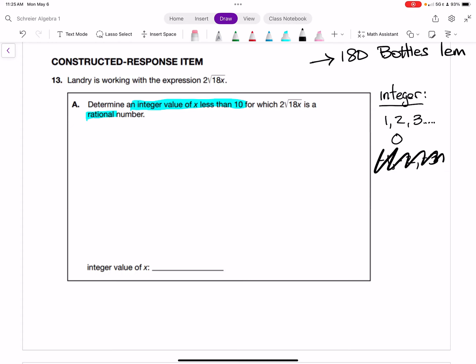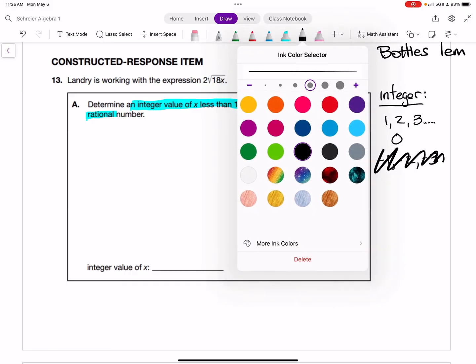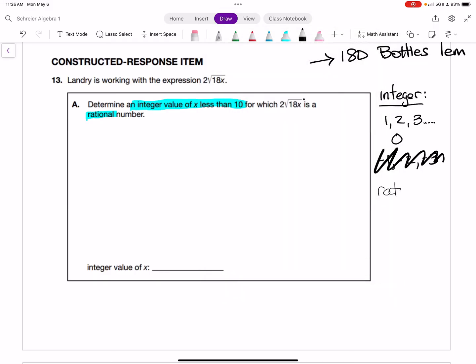And when you take a square root, you can't take a square root of a negative without going into another number system. And then a rational number is going to be anything that can be written in the form A over B. So basically, we do want repeating decimals or terminating decimals.